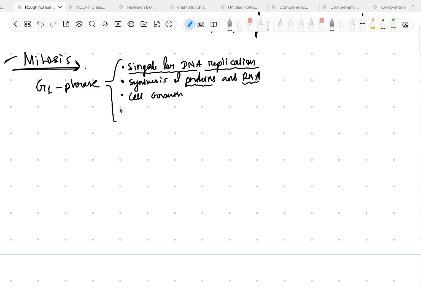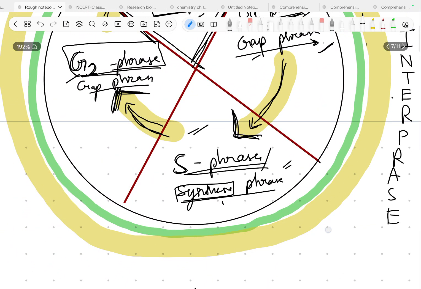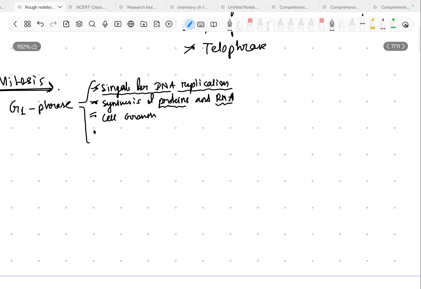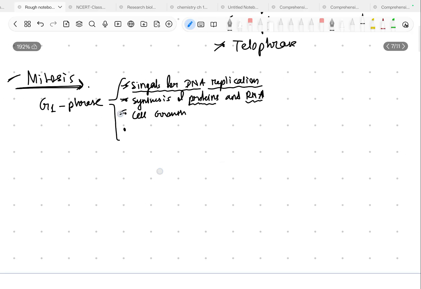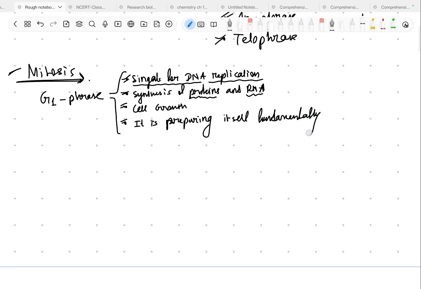The signals for the DNA replication and synthesis occur, and the growth is also seen. Basically, the cell is preparing itself fundamentally for division.